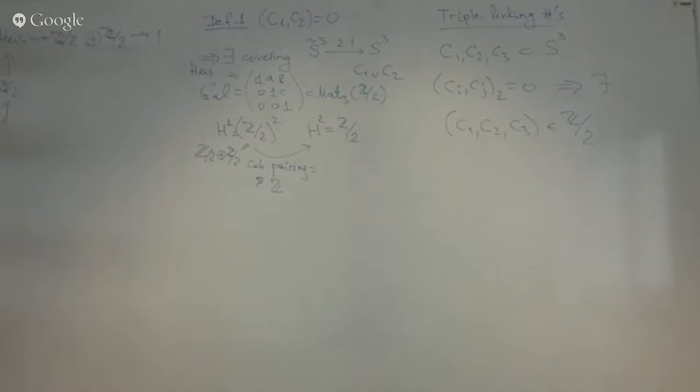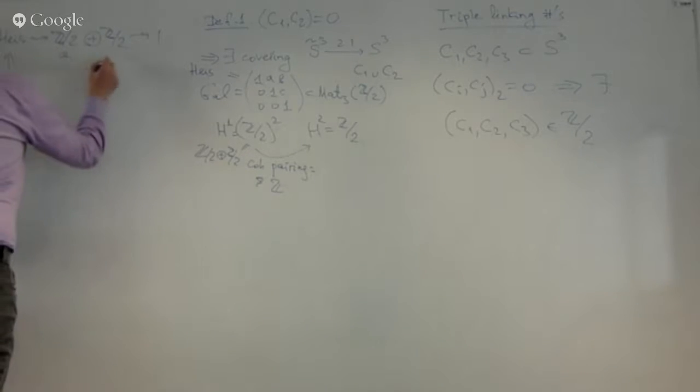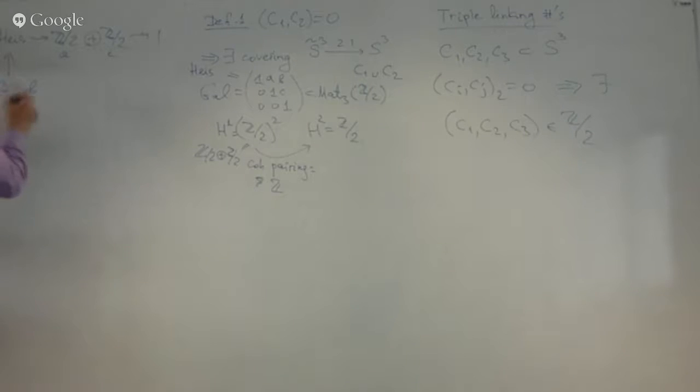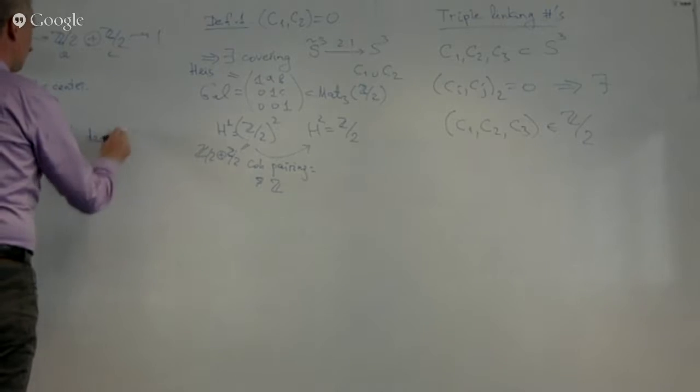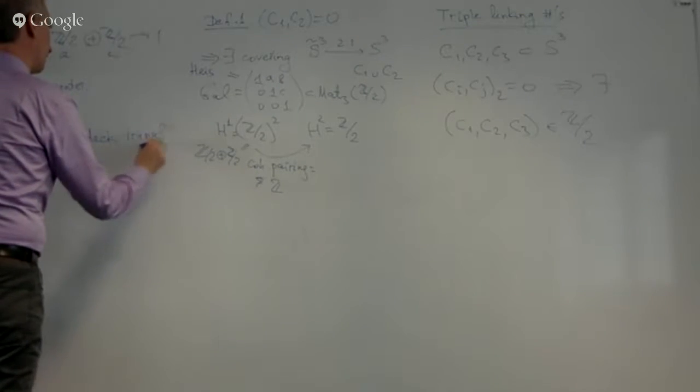So B is in the center, and this is A and C. Suppose we believe this. Now let me define an integer corresponding to C1, C2, and C3. Let's look at the Frobenius transformation along C3.